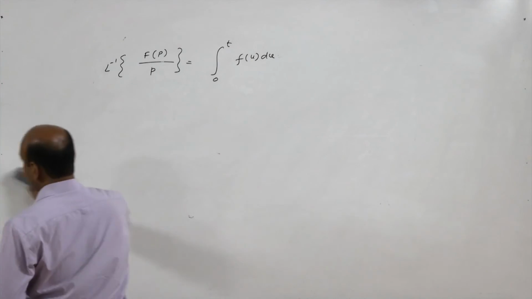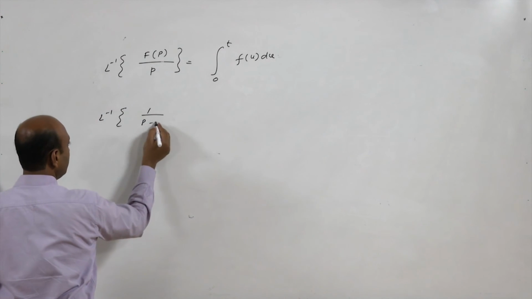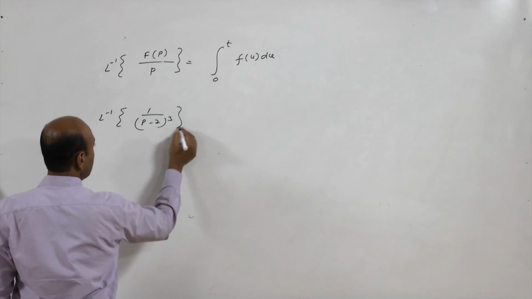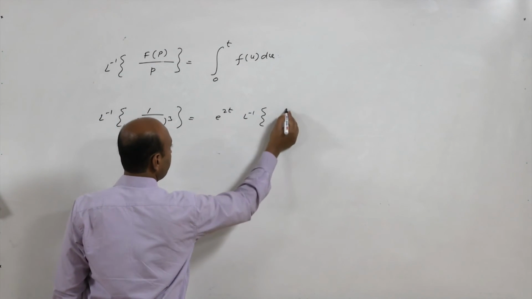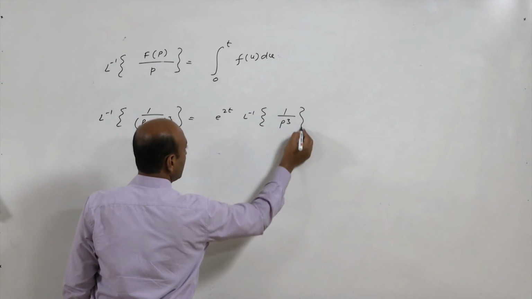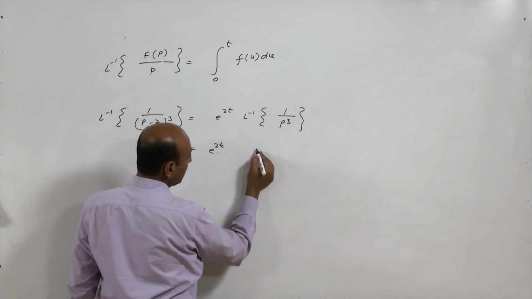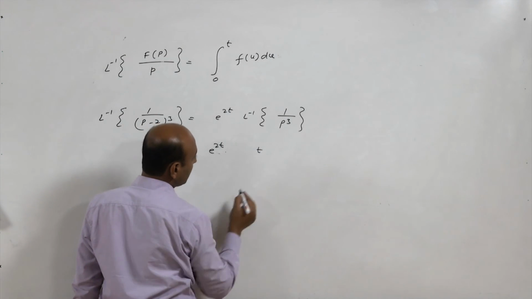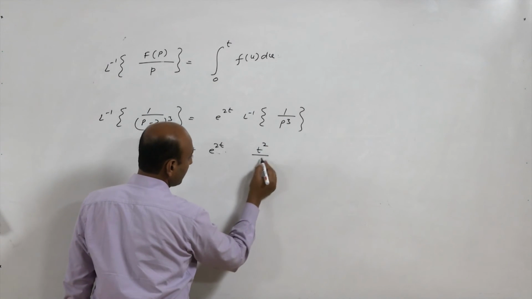What is the Laplace inverse of 1 by (p minus 2) whole cube? That is nothing but e to the power 2t times the Laplace inverse of 1 by p cube, and for 1 by p cube it is t to the power n minus 1 upon factorial n, with n equal to 3, so it is t square upon factorial 2.